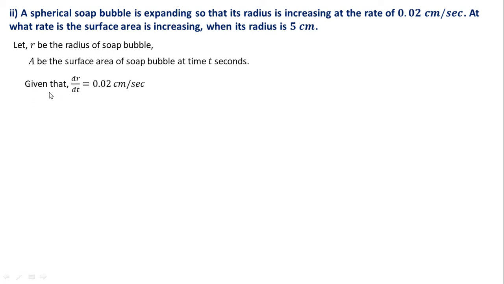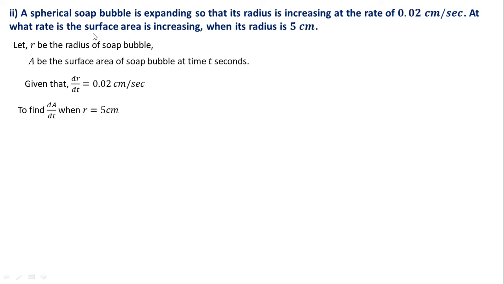Now what is given to you? See here, given that dr by dt, the rate of change of radius, is 0.02 centimeter per second. And we have to find out dA by dt when r is equal to 5 centimeter.